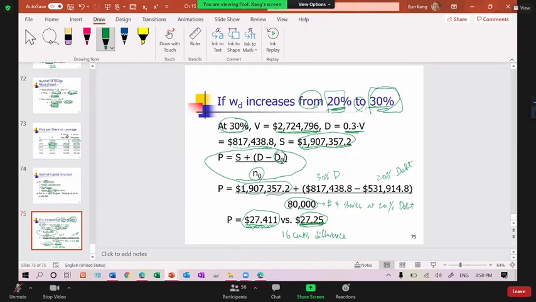So even though the company can get a higher price by going from 20 to 30%, they should not do that, okay? That's an unethical thing.